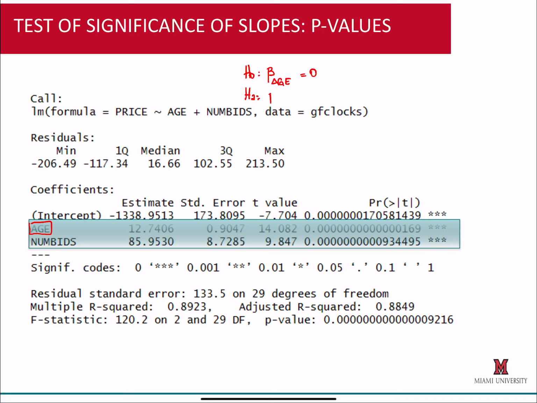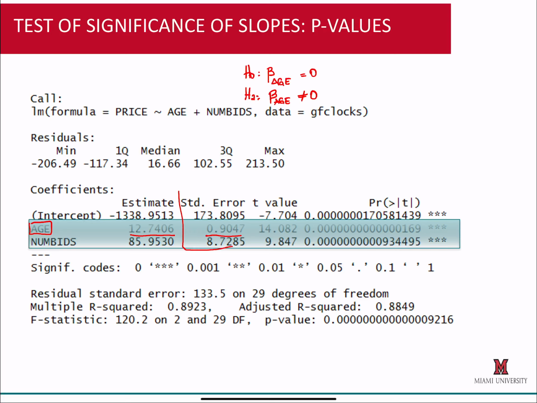The alternative is that the slope of h is not equal to 0, meaning there is a relationship. We get a test statistic. First of all, we get an estimate of 12, and we get a standard error of 0.9.